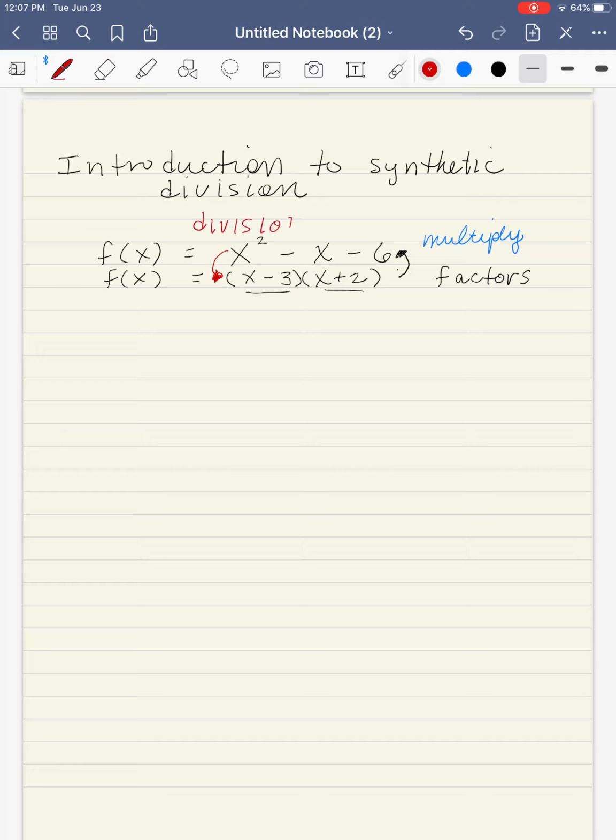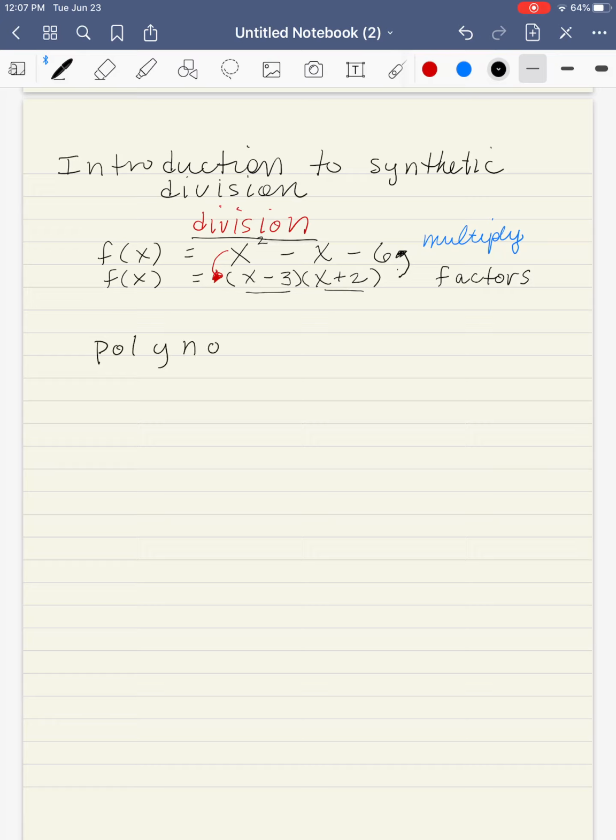So if we were coming back in the other direction, we're using its inverse operation, which is division. So as we move into polynomials that are to a higher degree, x cubed, x to the 4th, when we're trying to find all of its factors, we are going to be dividing.